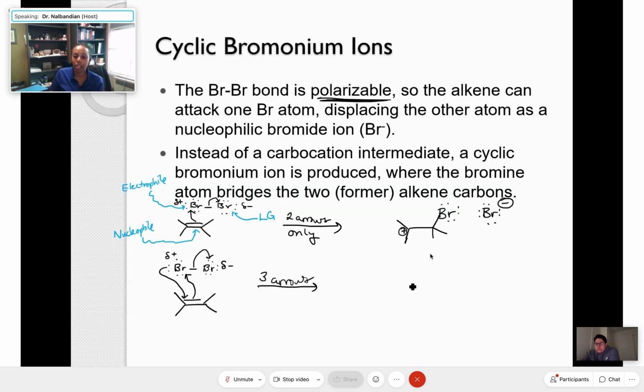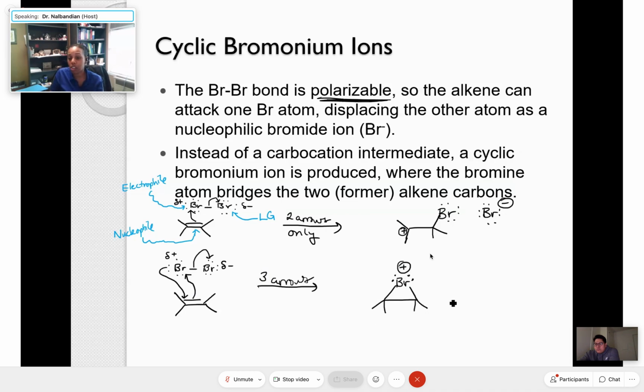So what would be the product if we drew these 3 arrows? Well, with these 3 arrows, now I'm going to get bromine in a bond to both of those carbons. Bromine is now bonded to both of those carbons. So bromine now only has 2 lone pairs because one of its lone pairs was used to make a bond to the other carbon. And so now bromine ends up with that positive charge.